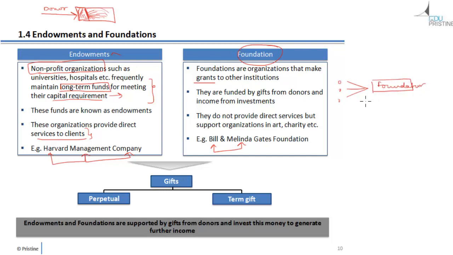So he has given his dollars to this foundation, and in turn the foundation is going to give grants to different institutions, institution 1, institution 2, on merit basis, looking at the need and requirement of each of these institutions.